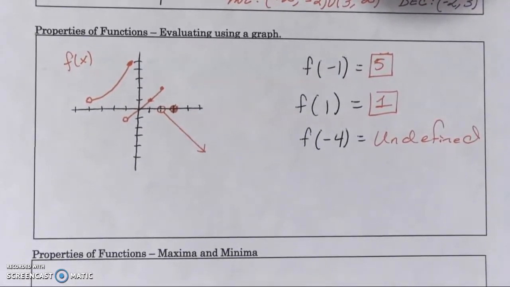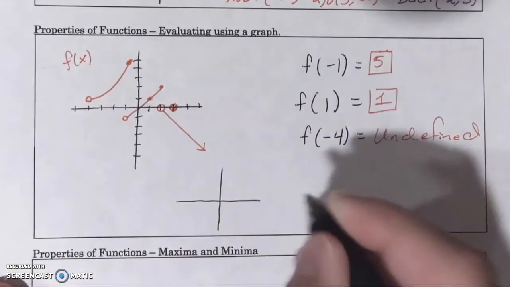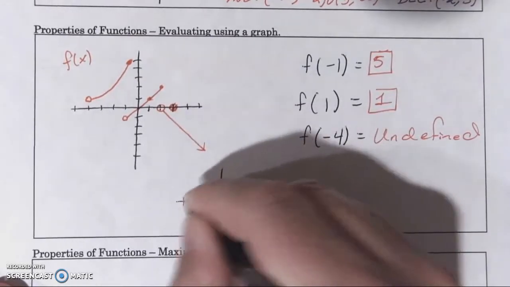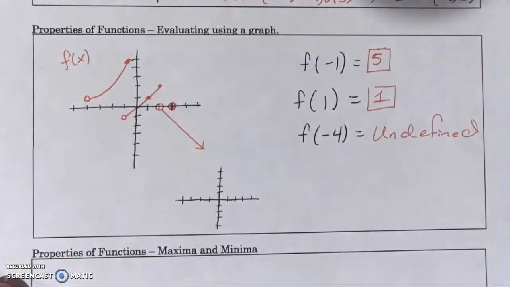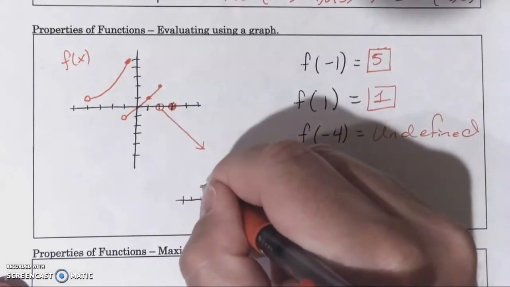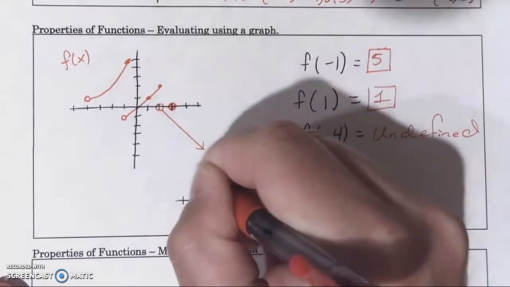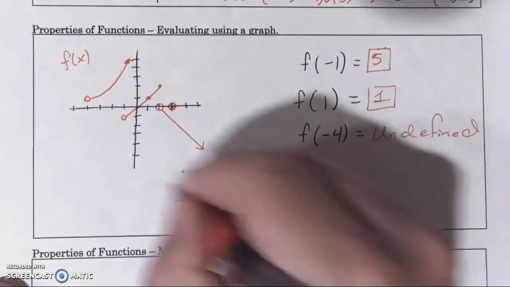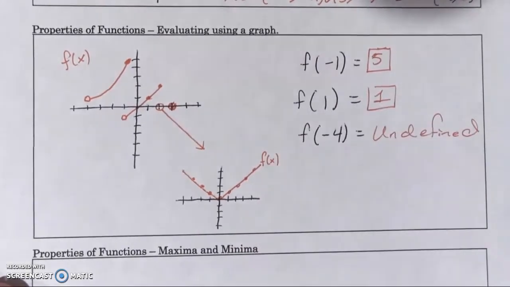Okay. Some of the other things that you might see us ask you for look like this here. Like a little absolute value function here. We'll call this f of x.